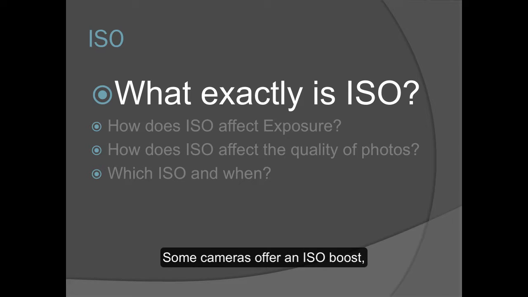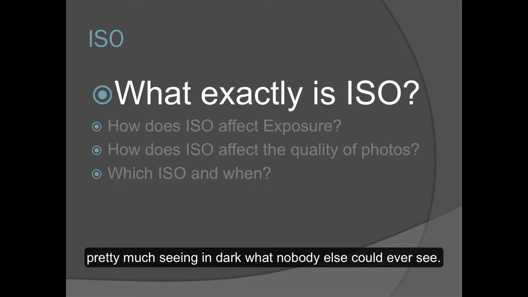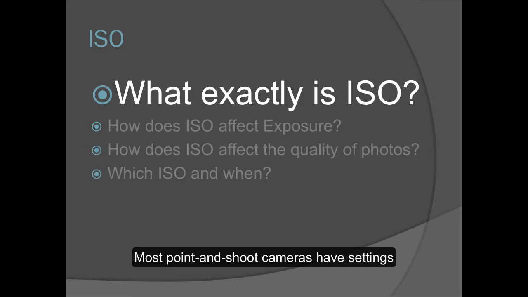Some cameras offer an ISO boost or an ISO expansion. In those, you could get a potential of 25,000 for your ISO, which is pretty much insane. Pretty much seeing in the dark what nobody else could ever see. Most point-and-shoot cameras have settings that range from 100, 200 to 1600.